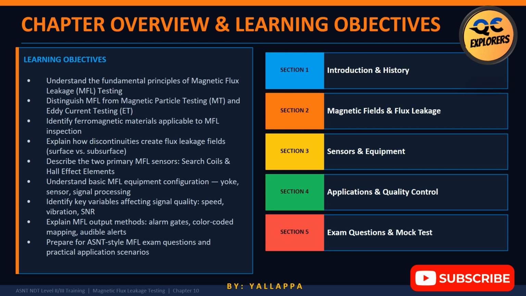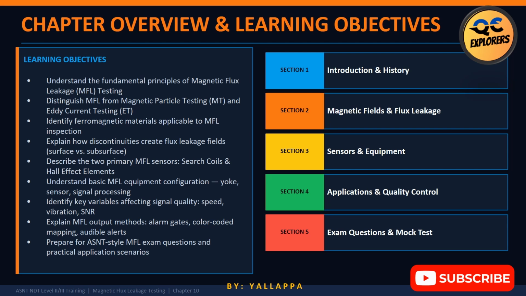Third, we will study flux leakage. Fourth, sensors. You must clearly distinguish between search coils and Hall effect sensors. Exam tip. If the exam asks, which MFL sensor requires movement to generate signal? Answer immediately.